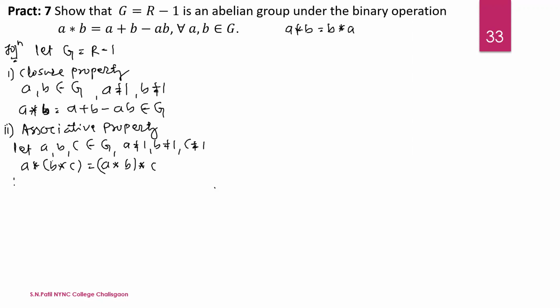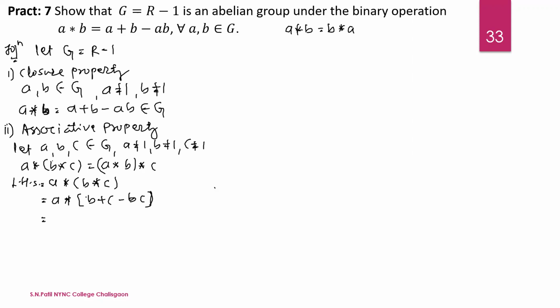Now LHS is equal to a star (b star c). By definition, b star c means their addition minus their product.